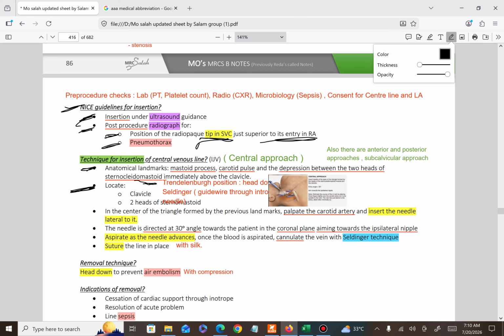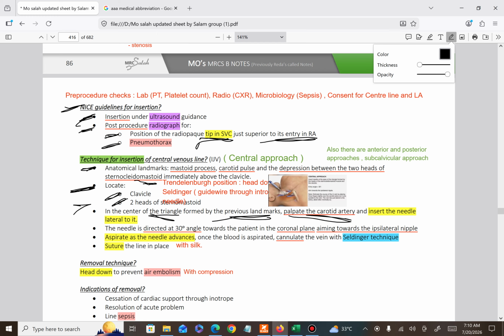So which anatomical landmark will we locate? The clavicle and two heads of sternocleidomastoid. In the center of the triangle formed by the previous landmarks: the mastoid process above, then the carotid pulse, the depression between the two heads of the sternocleidomastoid and the clavicle.